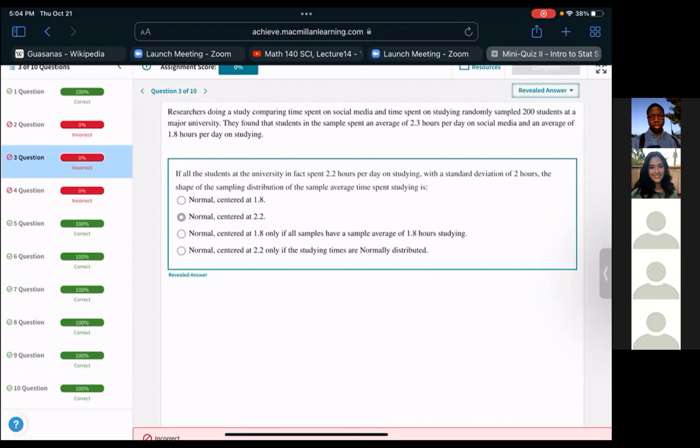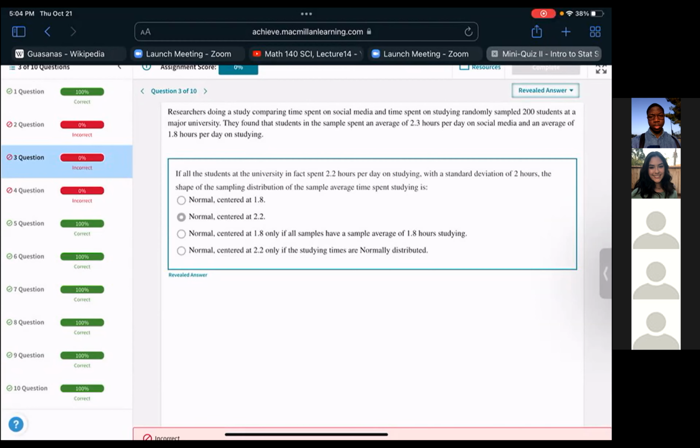But if the underlying population is not itself normal, then the sampling distribution will not be normal unless the sample is large enough. Okay, now in our case, it's 200 students. 200 students is large enough for it to be normal.